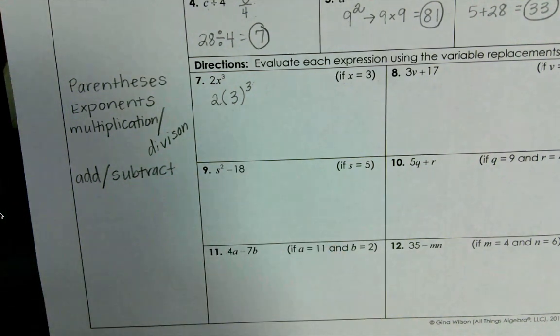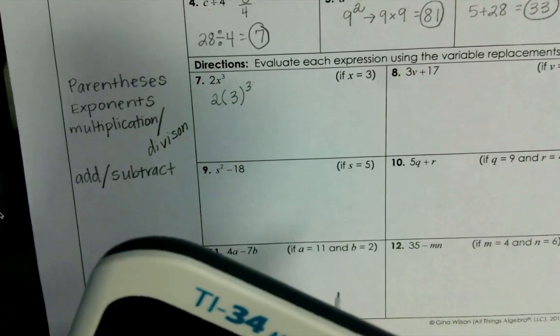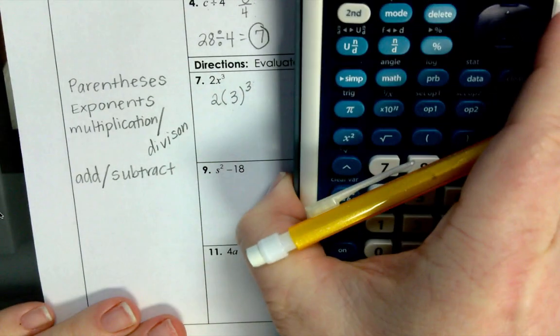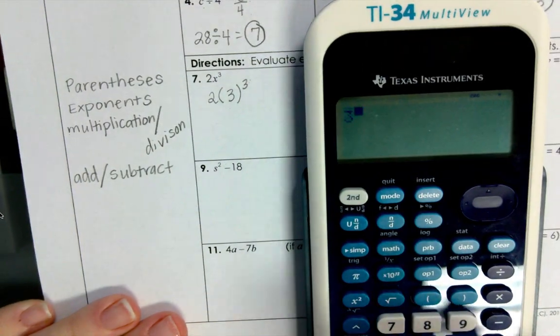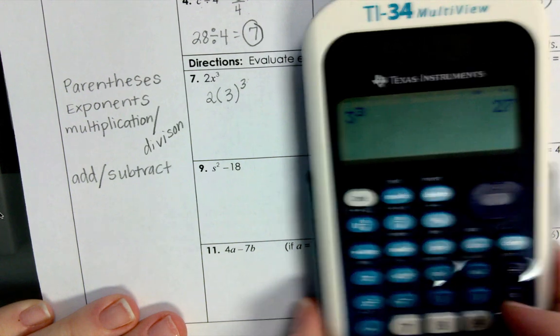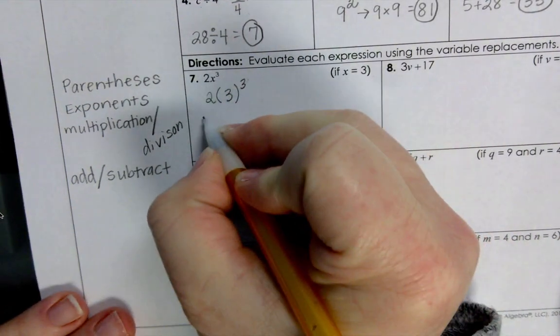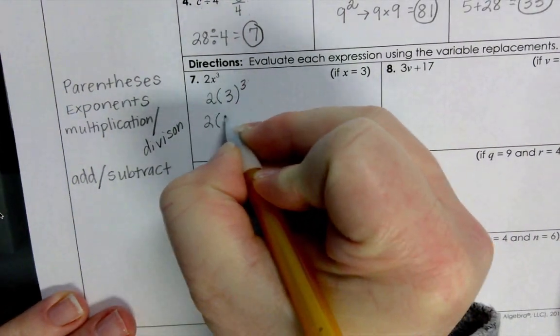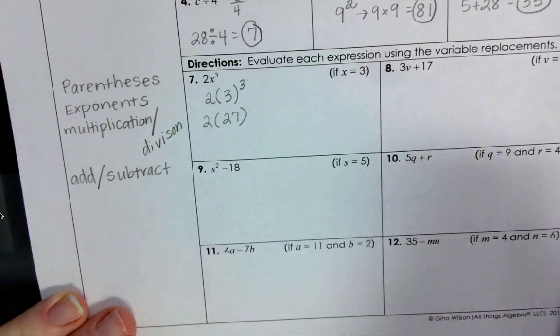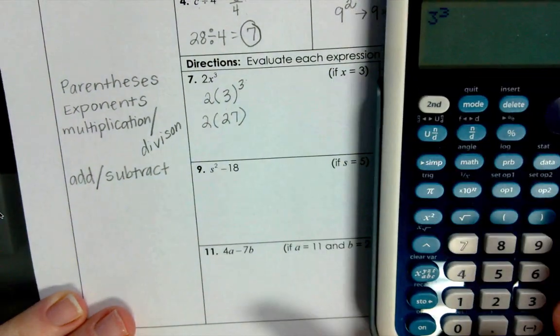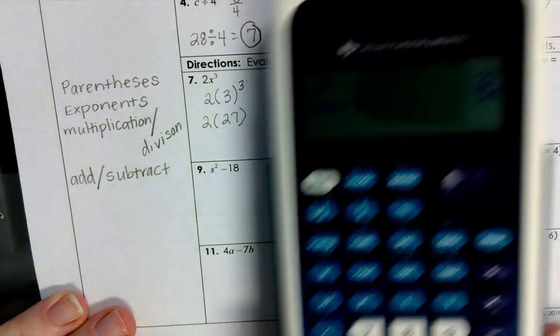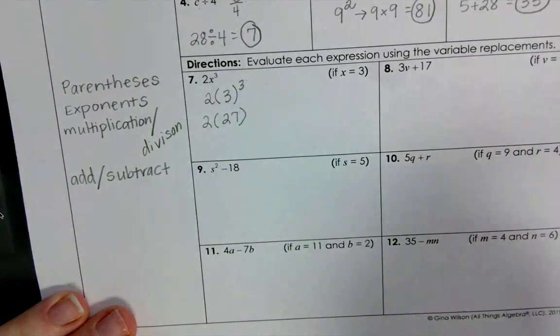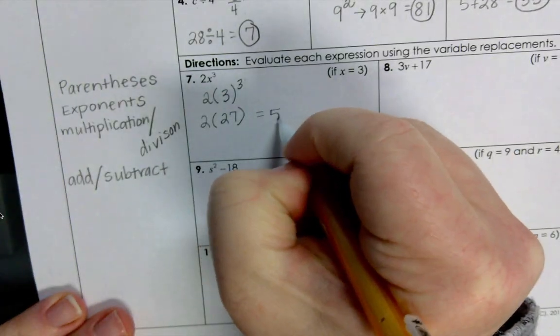I'm going to use my calculator. So 3 to the power of 3, you get 27. So rewrite this: 2, open parentheses, 27. So 27 times 2, get 54. Okay.